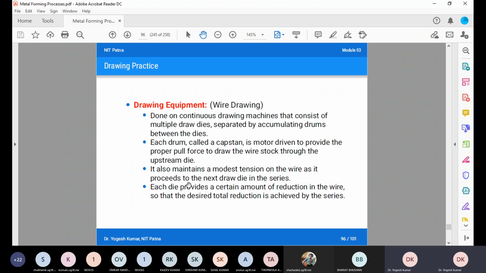Each die provides a certain amount of reduction in the wire so that the desired total reduction is achieved by the series. Since there are multiple dies, there is reduction at each stage in the case of wire.